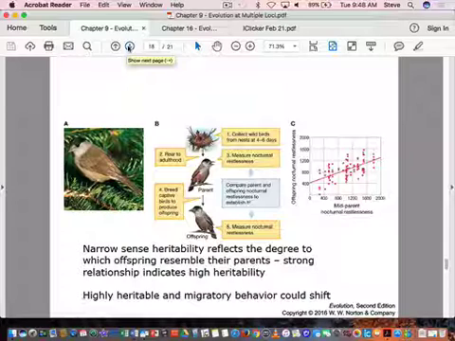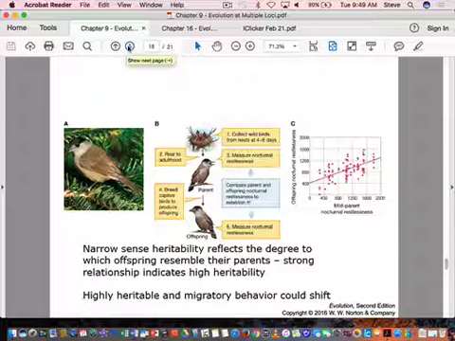So let's put offspring here, midparents. I'm not going to put all the dots up there, but what if you had something where something looked like that? Would you say that's a heritable trait, that the offspring values are very highly correlated with the parent values?